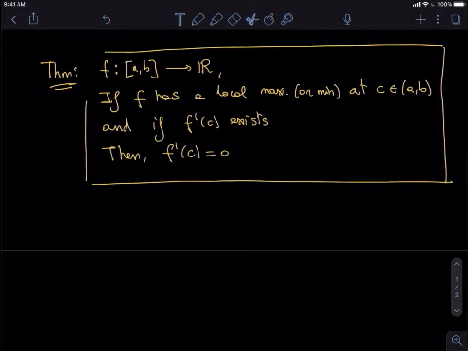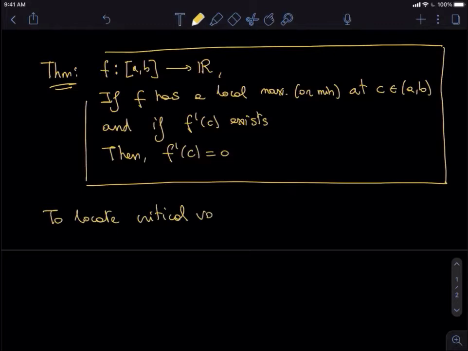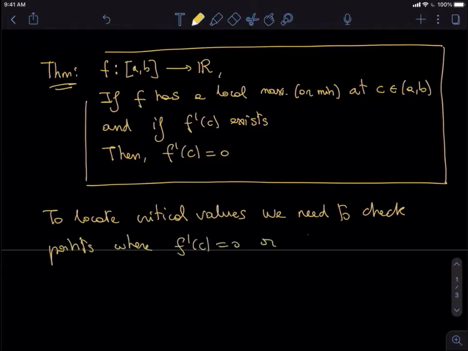In order to locate the critical values, the points where there could be a maximum or a minimum, we need to check the points where f prime of c is 0 or f prime does not exist.